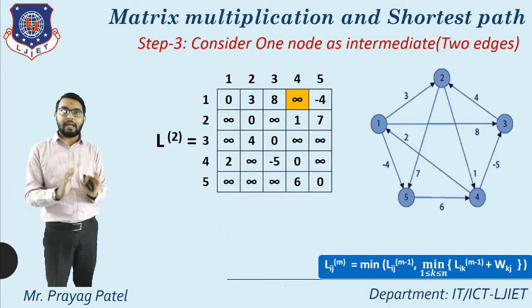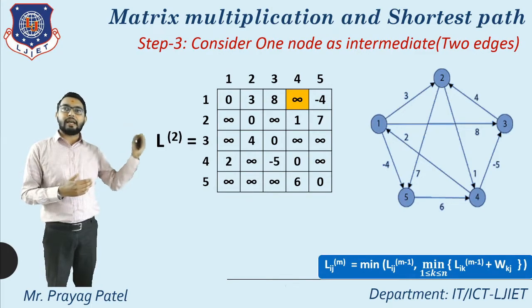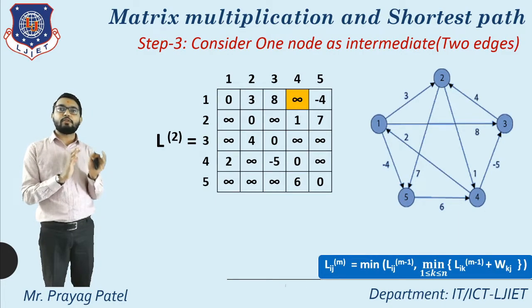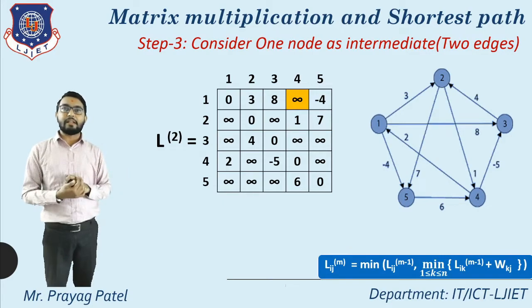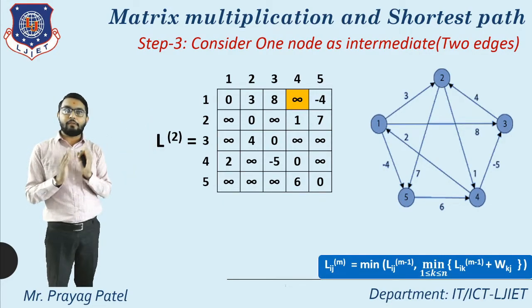So remaining 8 as it is. Now consider the next location 1 4. In location 1 4, consider the distance from 1 to 4. Already given distance is infinity, meaning direct path is not available. Now find the distance according to one node as an intermediate. Here see in this figure, are there any possibilities to find the distance from 1 to 4 using one node as an intermediate, any one node as an intermediate.